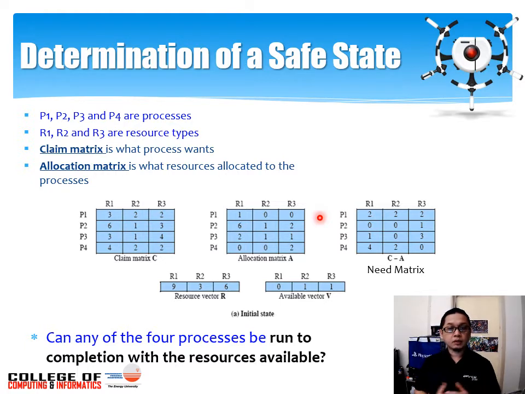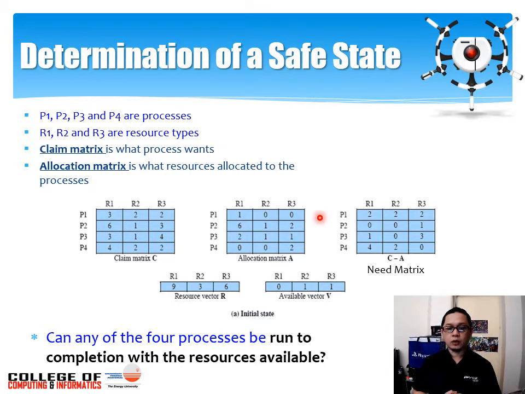What is the claim matrix? What is the allocation matrix? From the diagram, a claim matrix is what a process wants. It is basically telling the OS, I have these resources that I want, and this is the quantity of resources that I want in order to finish doing all my instructions.